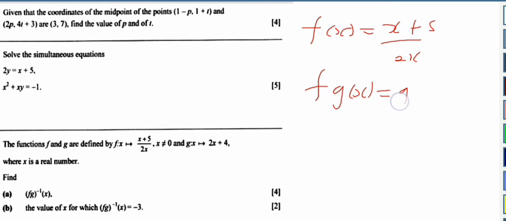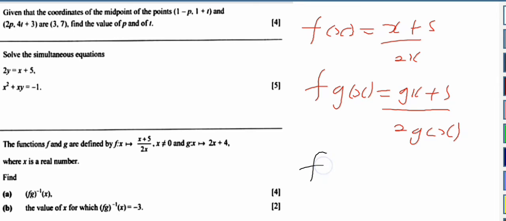So here I'm going to put g plus 5 over 2 times g. Now, where I'm having g function, I'm going to put what g is represented by, which is 2x plus 4.